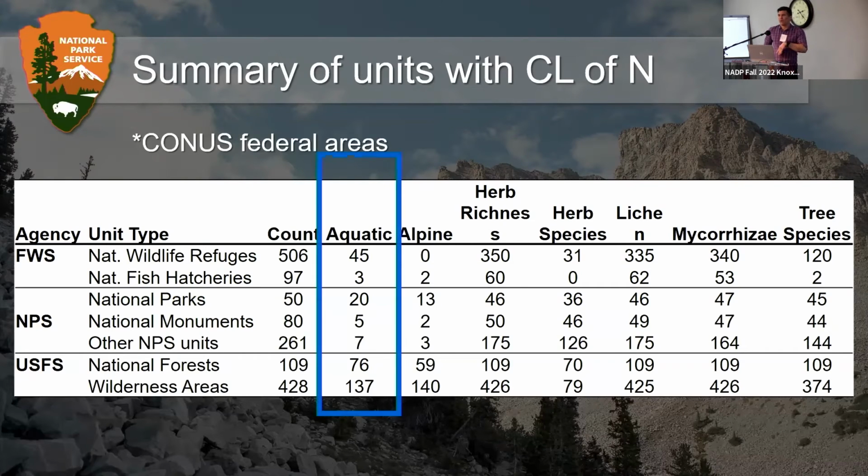I'm going to point out a few things on this slide. The aquatic data, we have the least amount of this across these standardized application practices. Obviously, almost all of these places have aquatic resources. We need better systematic nitrogen aquatic information to apply these better and to get more data. The herb species are the same way.